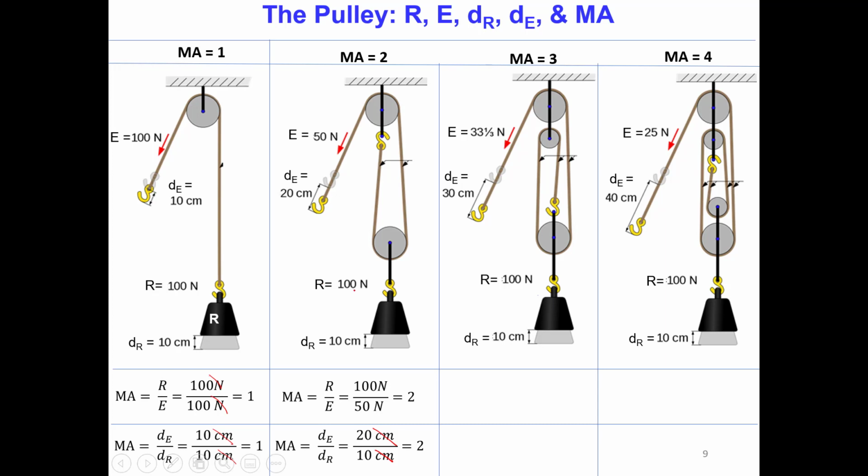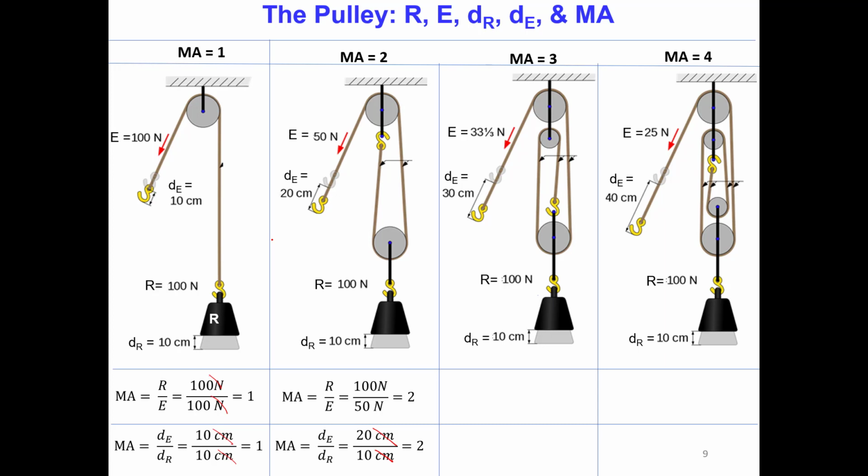Now you can see that if the effort, if the force is reduced, the distance increases. If the effort is reducing, what happens with the distance? The distance is increasing. This is why force and distance are inversely related in this case, as in simple machines.